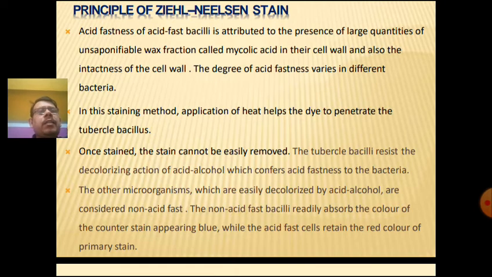The tubercle bacilli resist the decolorizing agent, acid alcohol, which reflects the acid-fastness of the bacteria, while other microorganisms are easily decolorized by the acid alcohol and are considered non-acid-fast bacteria. So the non-acid-fast bacteria take up the counter stain and appear blue, while the acid-fast cells retain the red color of the primary stain.